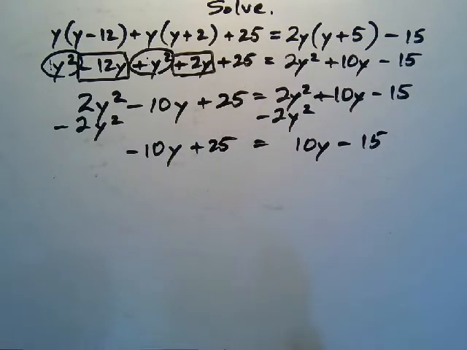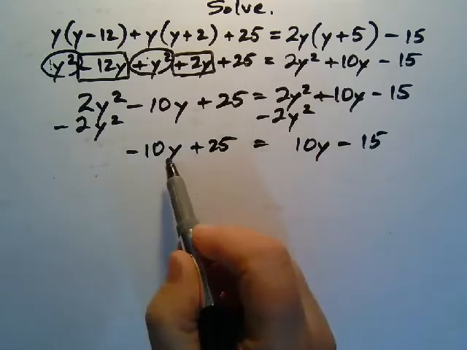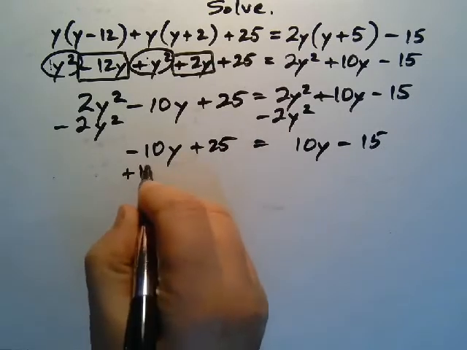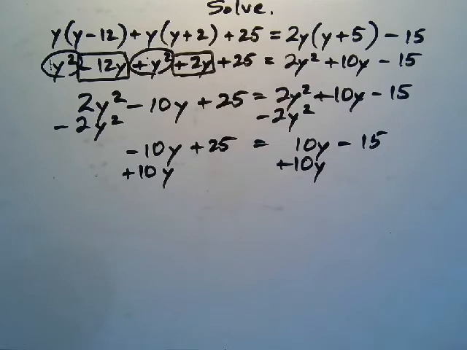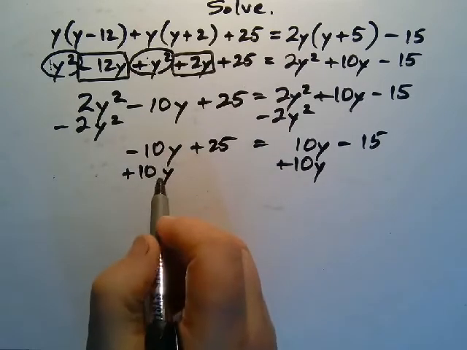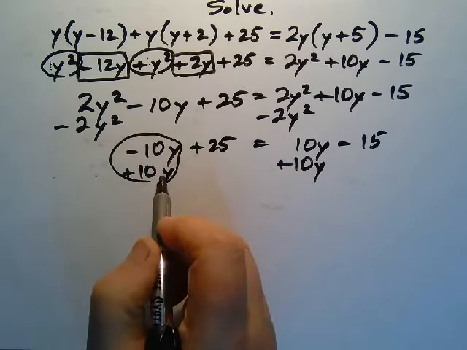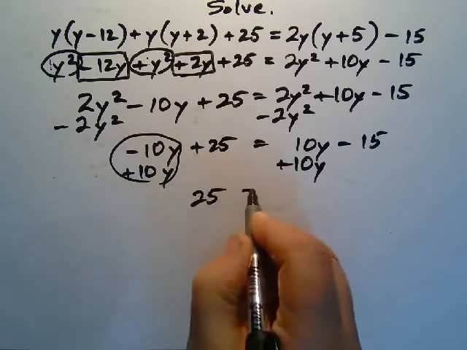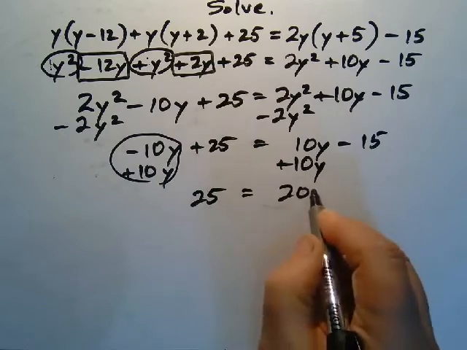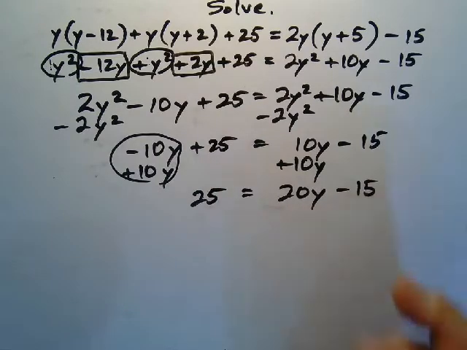All right, now we're going to get the variables together first. Okay, I've got y's and y's. Let's add 10y to both sides. I want to try to keep my y variable positive. Well, once again, this is going out as expected. A negative and a positive 10y go out, and I get 25. And this is now 20y. All right, it's looking simpler already.